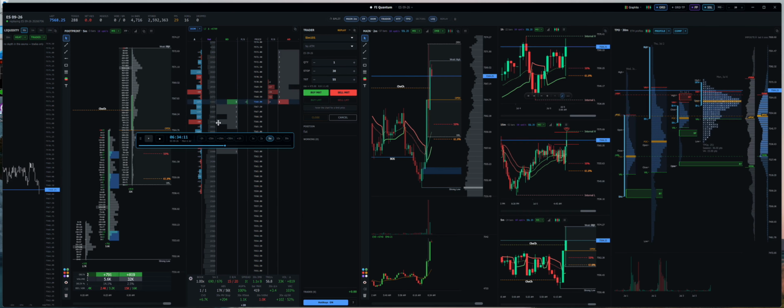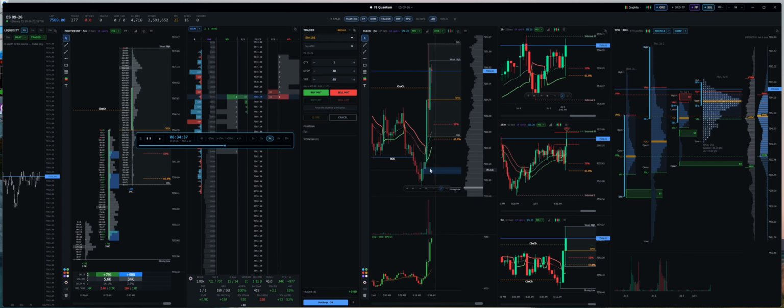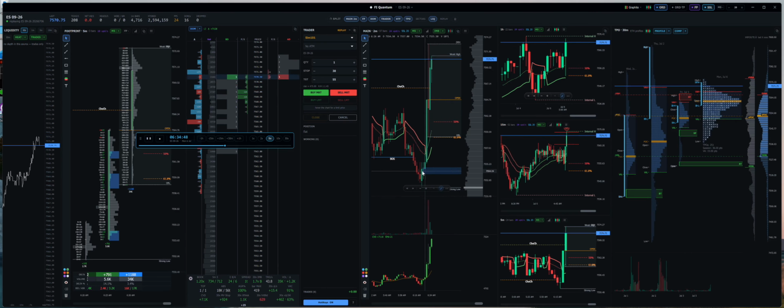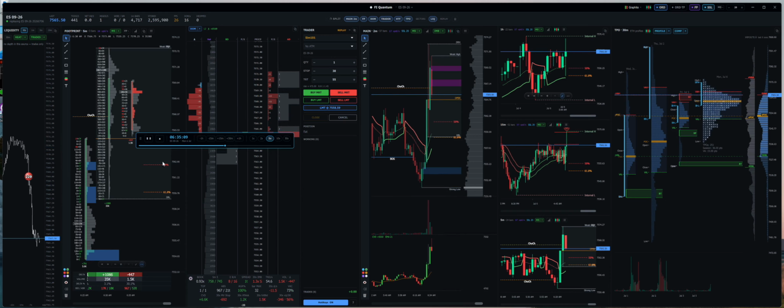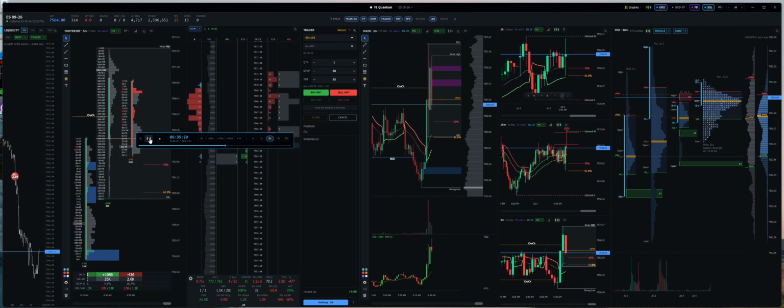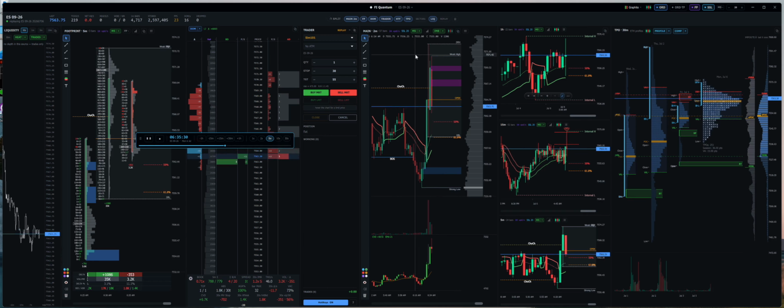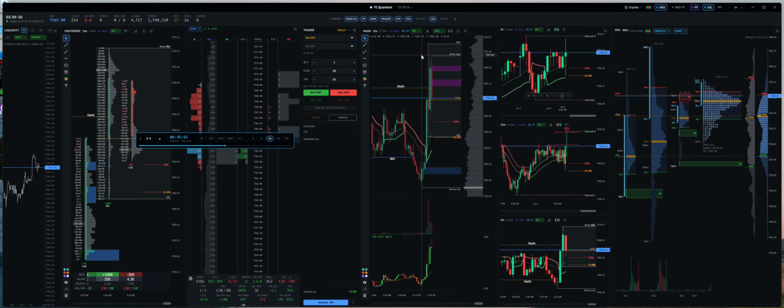And there it is. We've gotten a 2-minute close above the change of character, and we want to take the trade. This is also, by the way, a stacked imbalance rendered on the chart right here. Anyone who bought the breakout immediately gets crushed.